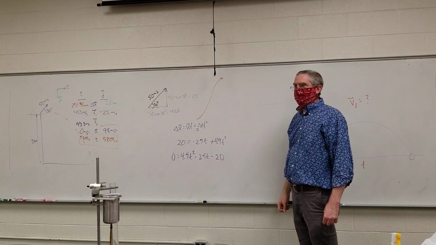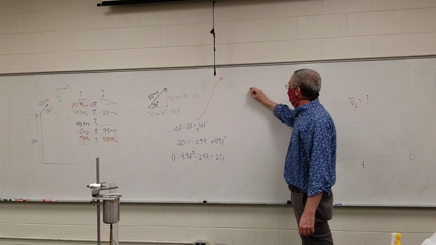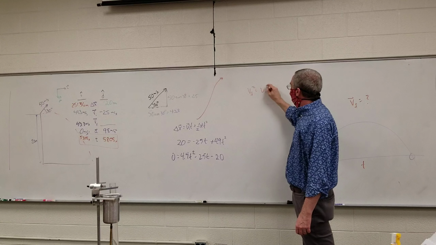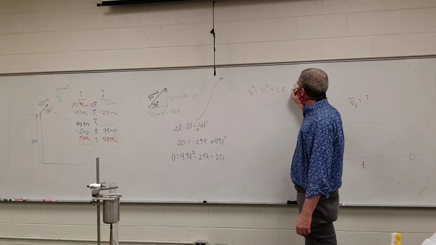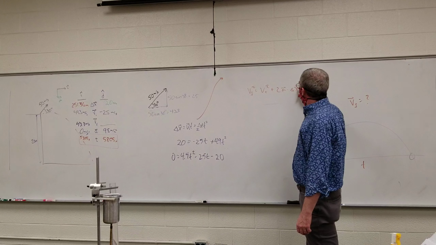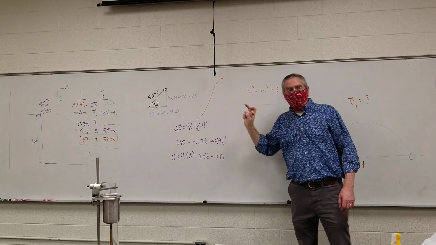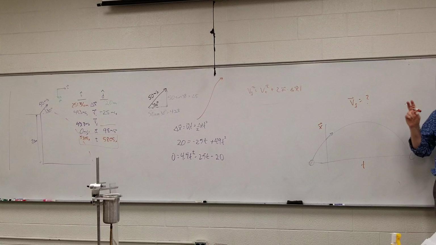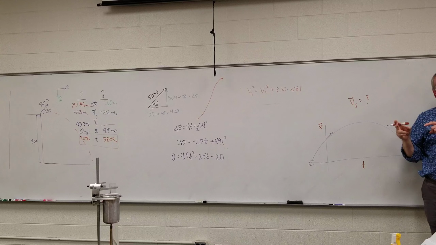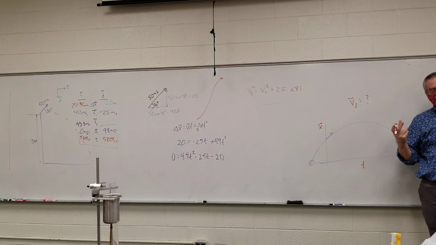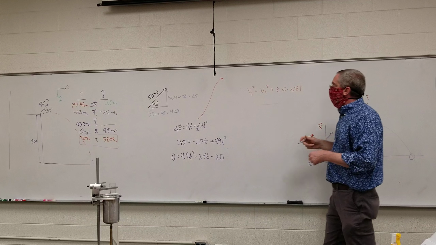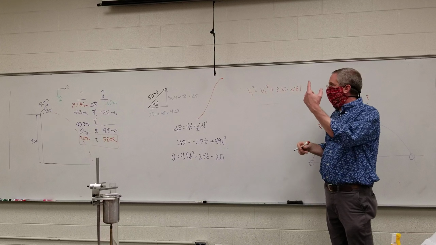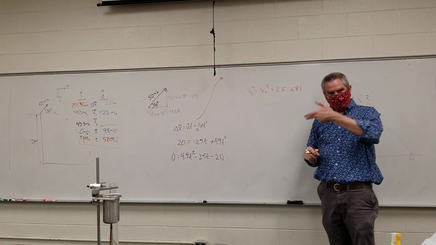We use the VF squared is equal to the initial squared formula. Recognize that this is a speed here. We do need to think at the very end, that's the speed, but what is the velocity? Because down was made positive, it'll end up being the same number, but if we made up positive, then we'd have to think through and put in the negative sign.